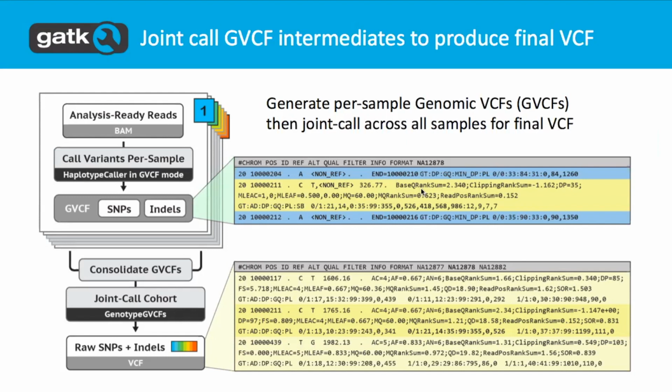Now you might ask, why is that? Here, this is a GVCF, and it has information about the reference. The yellow parts are all variants, but the blue ones are information about the reference. So the question here is, why do we need that information?